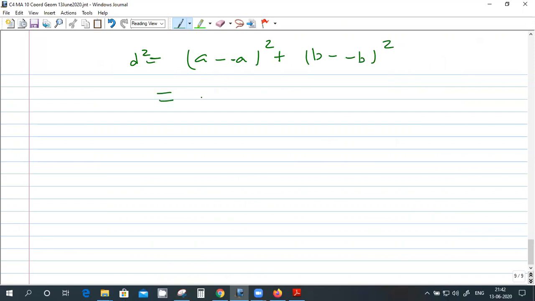So this is 2a, so it is 4 times a square plus 4 times b square. So 4 times a square plus b square. So the distance is 2 into square root of a square plus b square.